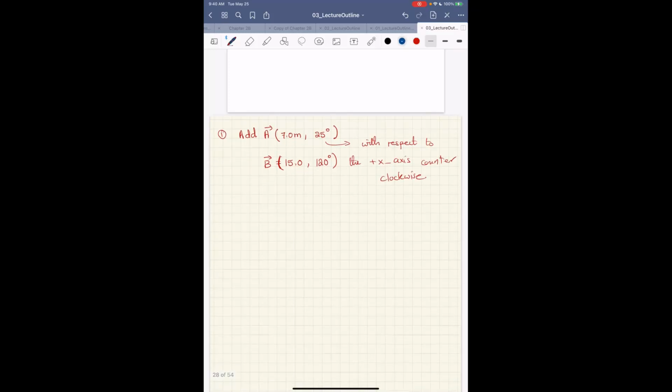Okay, first I want to draw my x and my y. And here, let's roughly say this is 25. And the other one is 120.